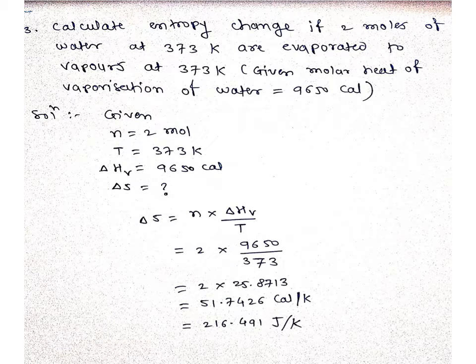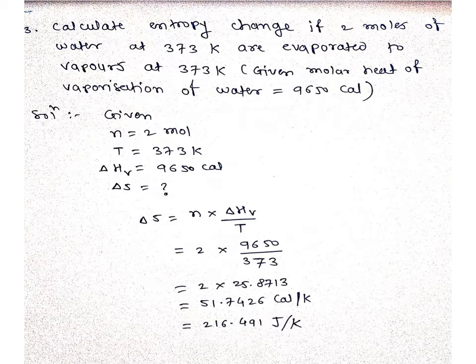Now problem number 3, that is calculate entropy change if 2 mole of water at 373 Kelvin are evaporated to vapors at 373 Kelvin. Given molar heat of vaporization of water is equal to 9650 calories.